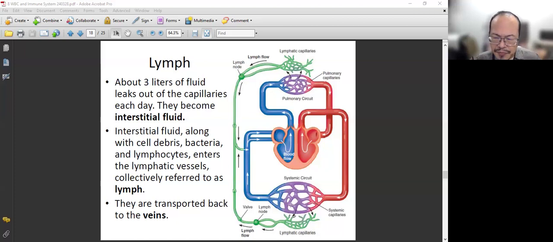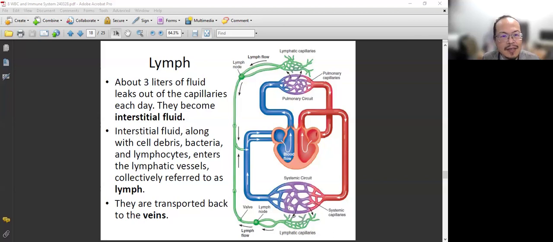In this area, basically local tissue, this fluid that leaks out has to go somewhere. It cannot just accumulate in the tissue. Otherwise, you have body swelling, right? So you need to be able to capture that fluid.